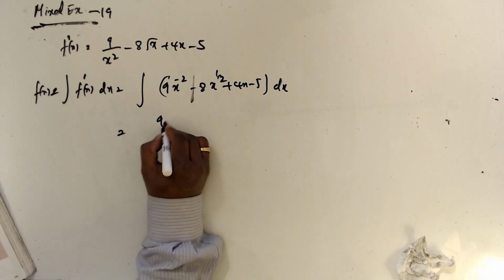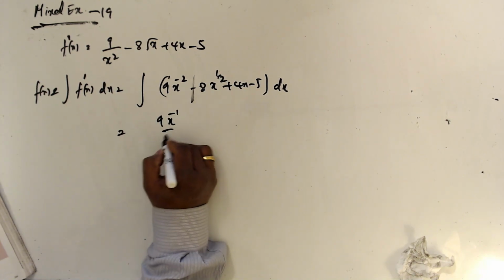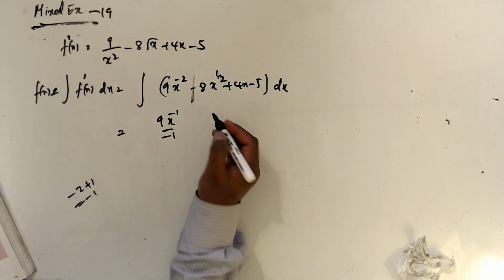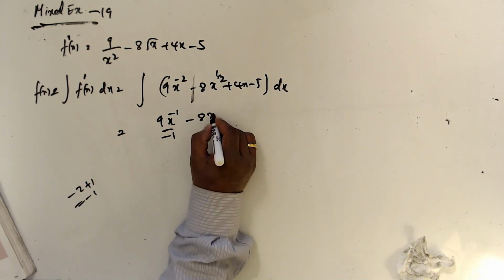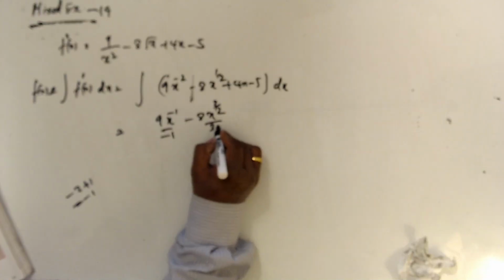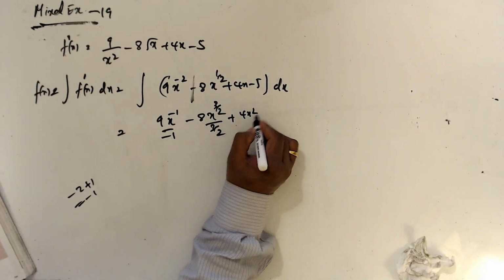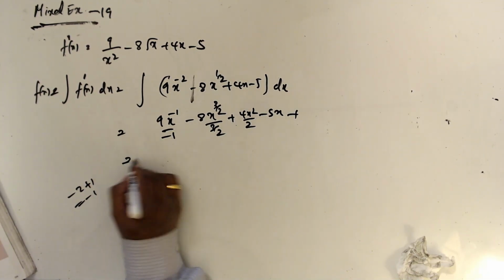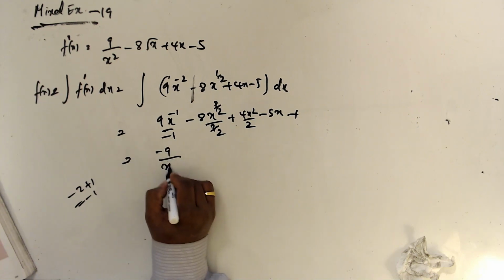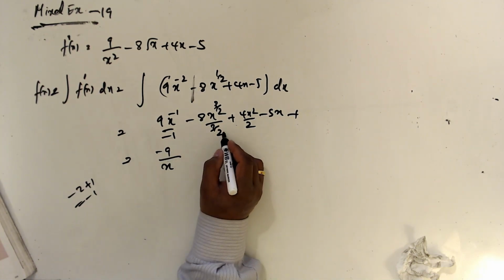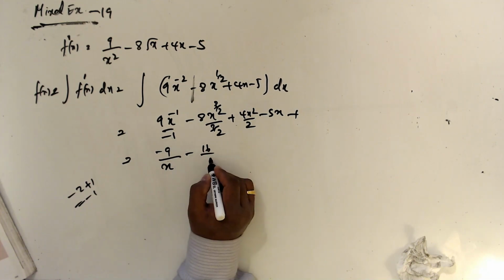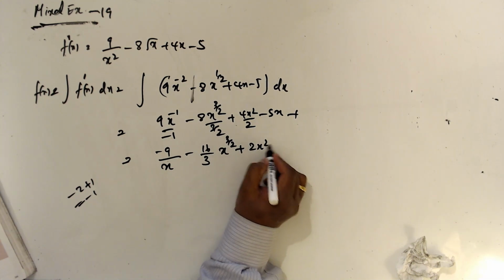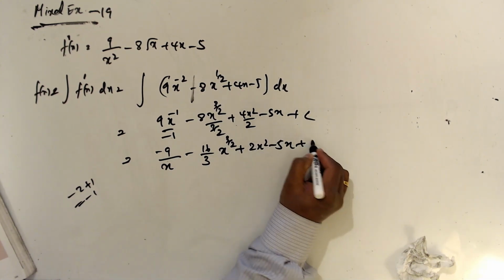So this is 9x to the power minus 1 over minus 1, because minus 2 plus 1 is minus 1, 8x to the power 3 over 2 over 3 over 2, 4x square over 2 minus 5x plus c. So this is minus 9 over x minus 16 over 3 x to the power 3 over 2 plus 2x square minus 5x plus c.